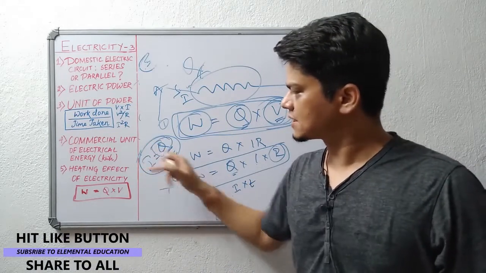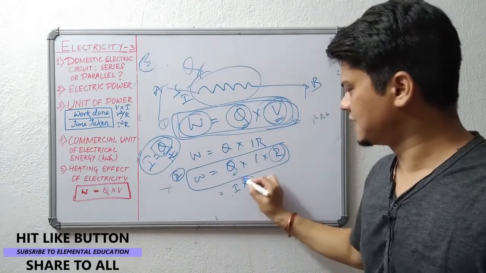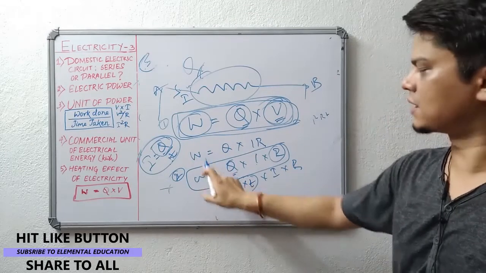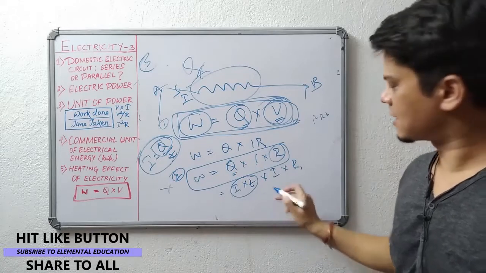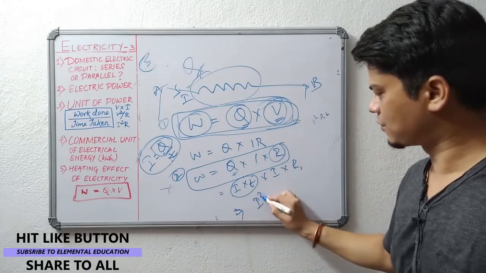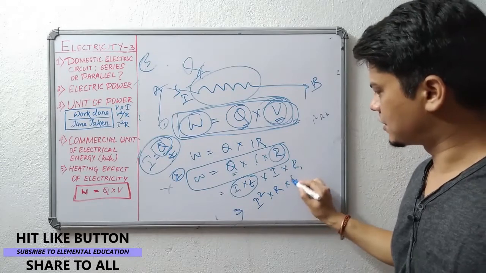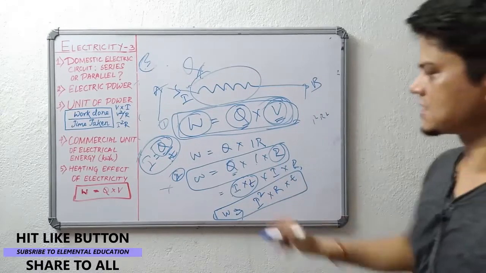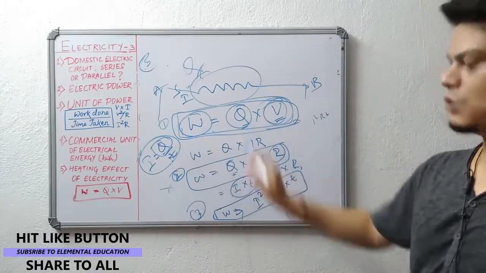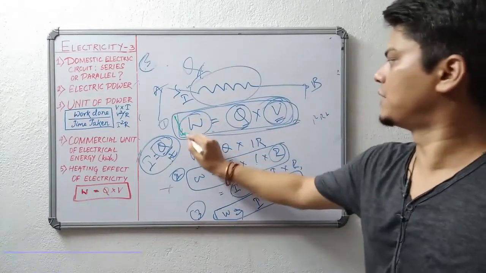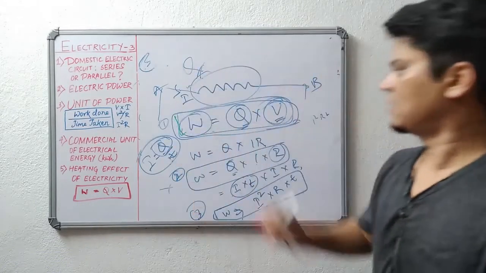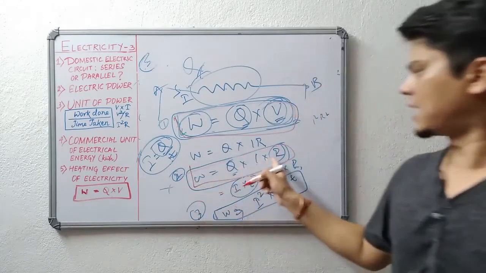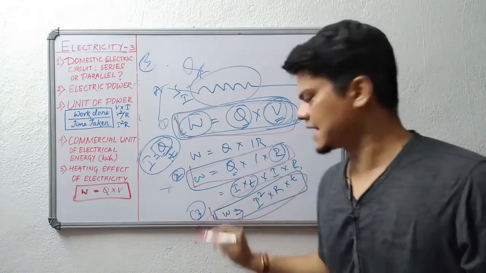So Q is I into T. Work done is Q into IR, which is I into T into I into R. Substituting, the formula is I squared R into T. So remember these three formulas. First, W equals Q into V. Second, W equals Q into IR. Third, W equals I squared R T.